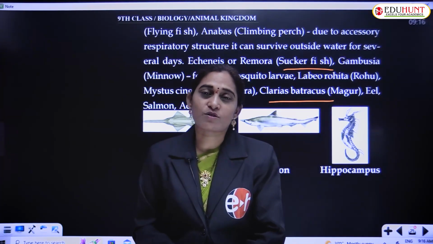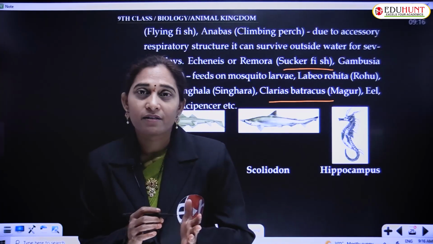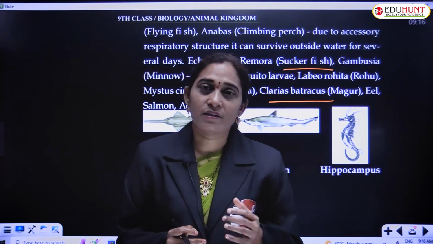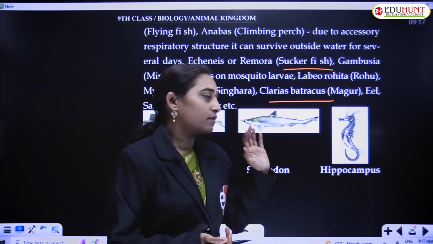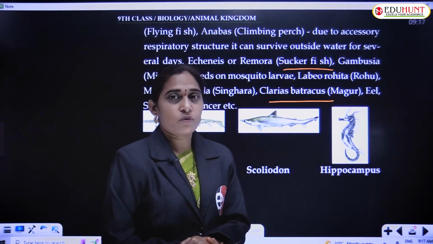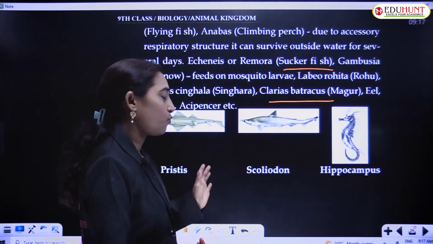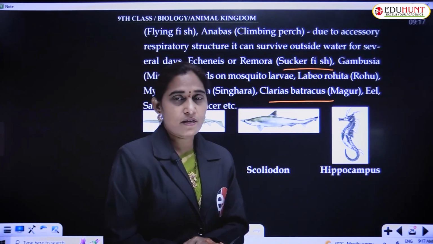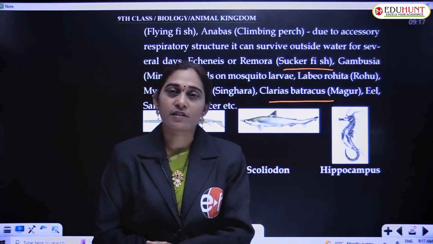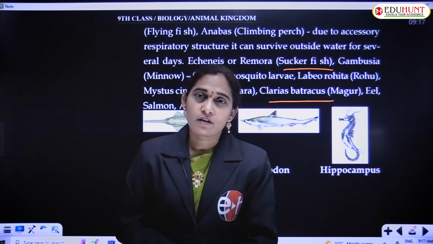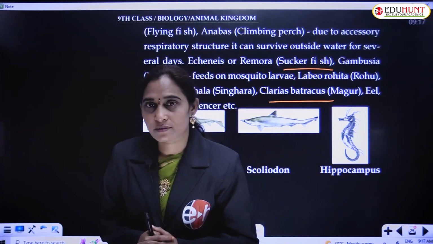And in Osteichthyes, bony fish were there, and there are some differences between Chondrichthyes and Osteichthyes. We have seen mostly 10 to 12 differentiating features between these two. In the next session, we'll learn some examples of the two classes, Chondrichthyes and Osteichthyes. Goodbye.